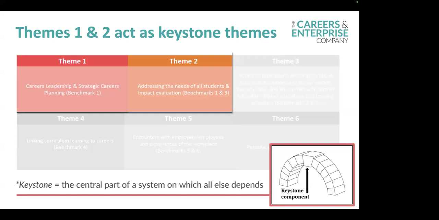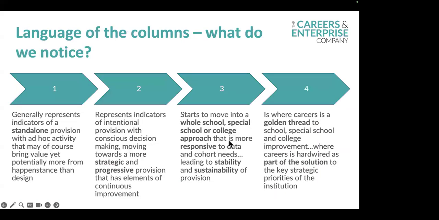If we achieve these, hopefully all of the other areas within the themes and the benchmarks would start to fall into place. So having a stable careers program in place, addressing and meeting the needs of all of our learners through the multiple different facets, we should then be able to strive towards achieving full maturity, or being very mature within our scores on the maturity model. So themes 1 and 2 we call the cornerstones, and they are certainly the key components or the big hitters.